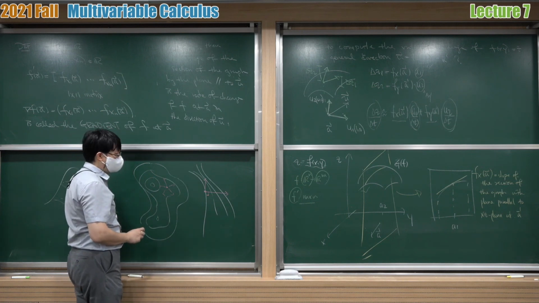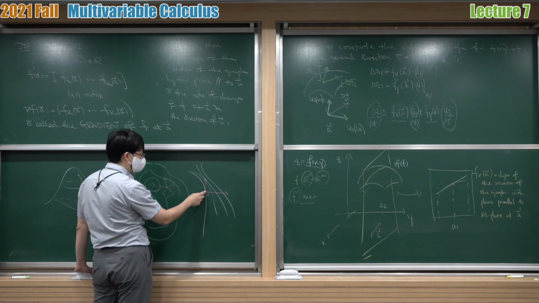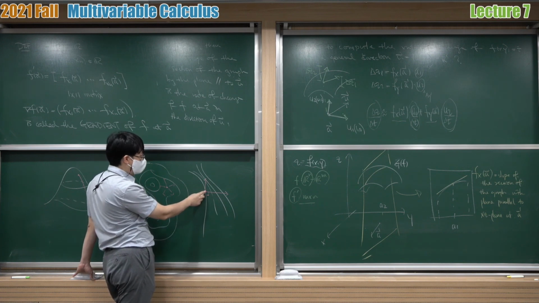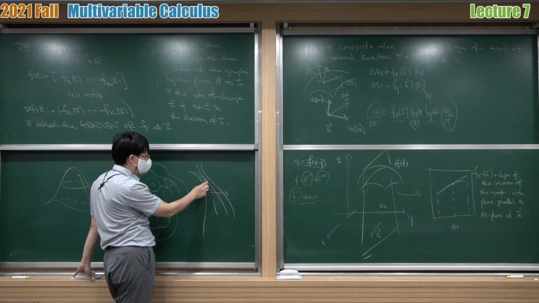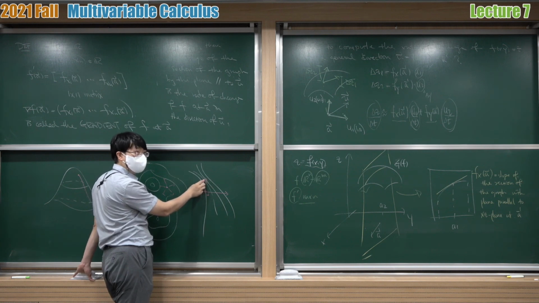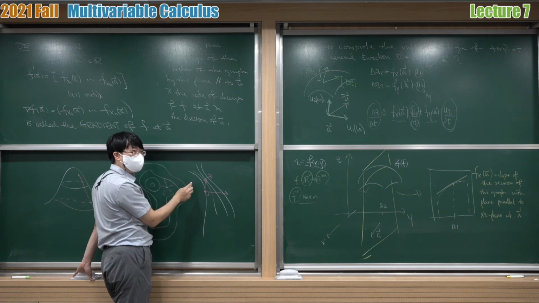I draw it as a perpendicular line to the contour line where I'm at. Maybe you could move here, although this is not the steepest at this moment, but here you can go along the steepest line in a faster way.